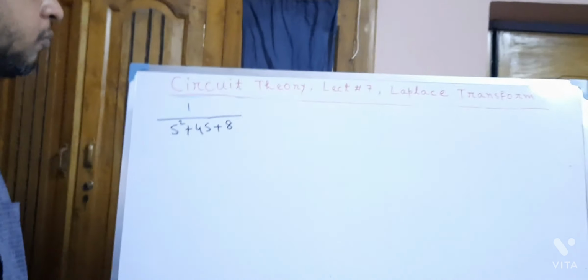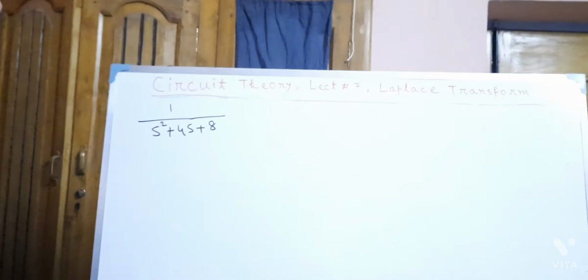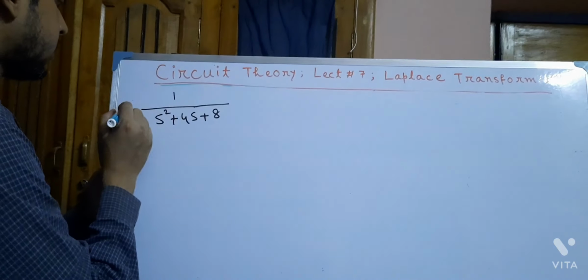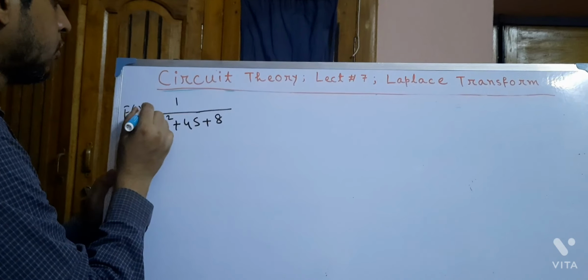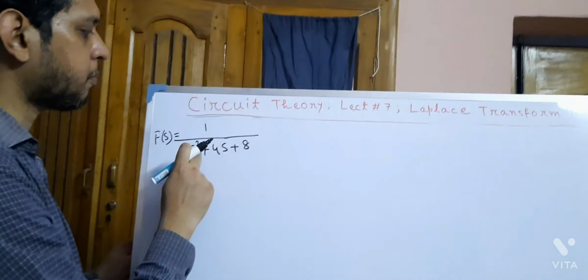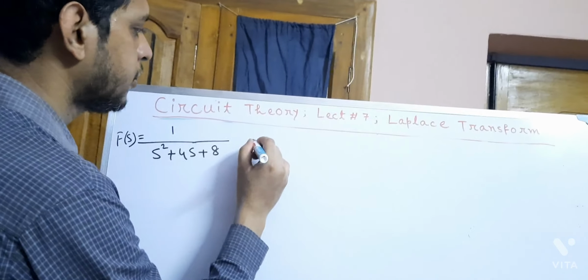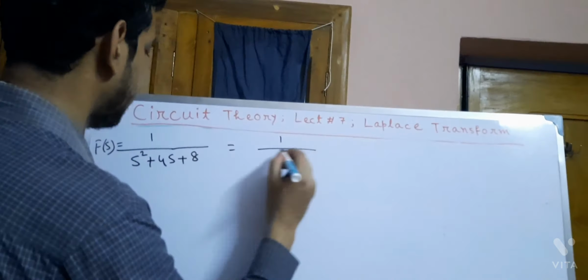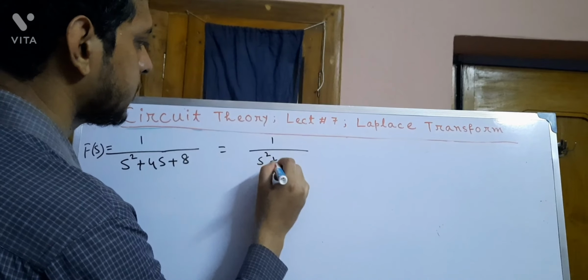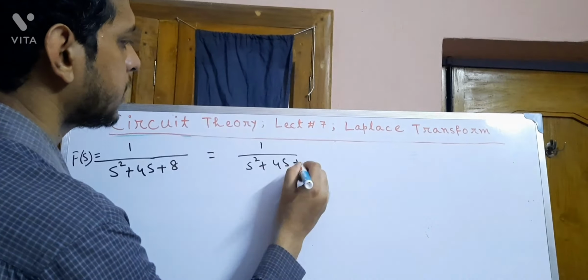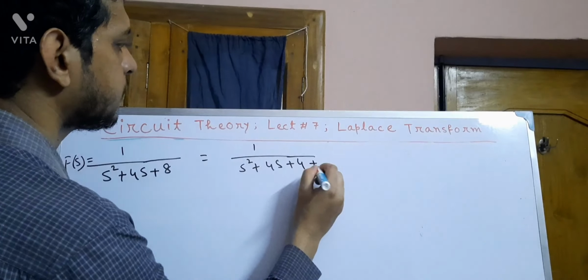Determine one more inverse Laplace transform. The expression is F(s) equal to 1 by s square plus 4s plus 8. So this is equal to 1 by s square plus 4s plus 4 plus 4.